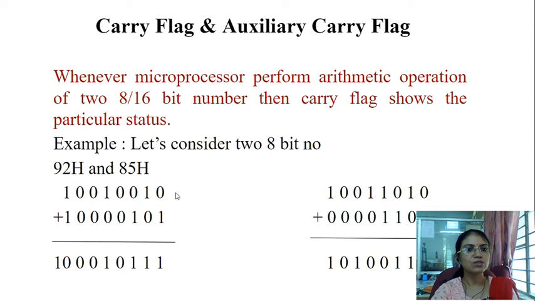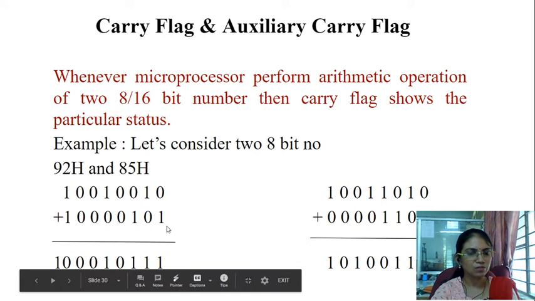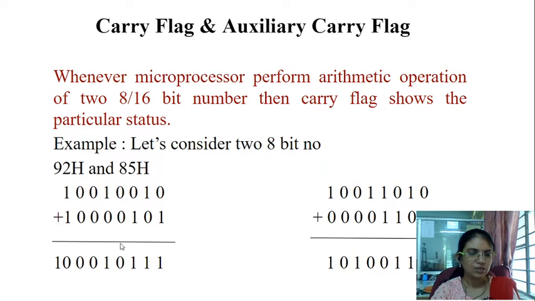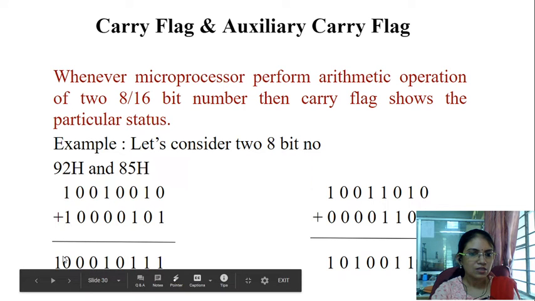Whenever the microprocessor performs the addition of two 8-bit numbers, the result is always stored in the accumulator, which we already discussed. So this 8-bit result is stored in the accumulator, but the 9th bit, which is the carry bit, is stored in the carry flag.